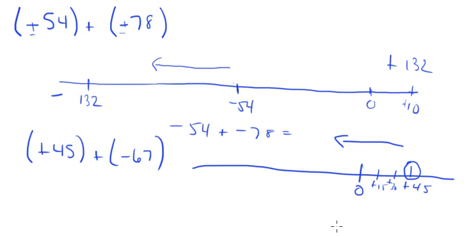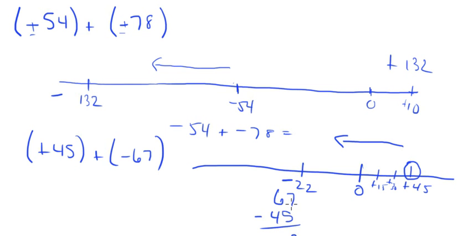So when I figure out what my number is going to be, I'm going to have 67 minus 45, right? Because I'm going that direction. I started off with 67. I'm subtracting 45. I wind up with 22. So I'm going to be down here at 22. But is that 22 negative or positive?